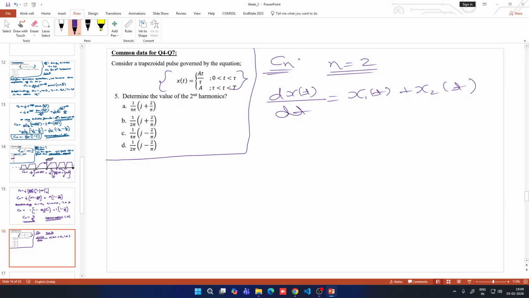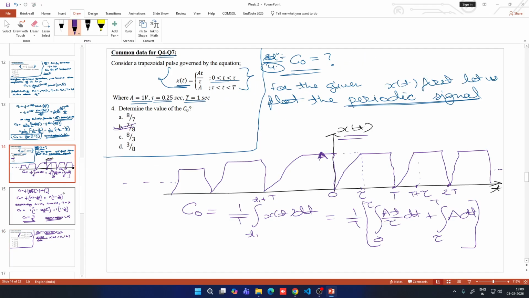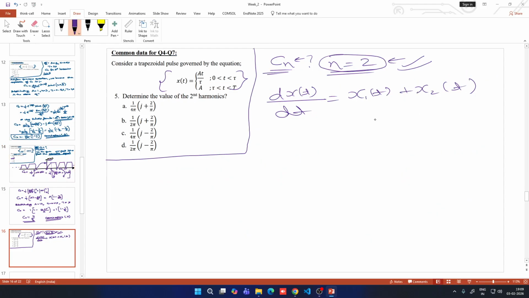What we have to do is find Cn, and then substitute n as 2, and we already know the values of A, T and tau, which are given here. A is 1 volt, tau is 0.25 and T is 1 second. So we have already drawn x of t. Okay, I will redraw x of t again.